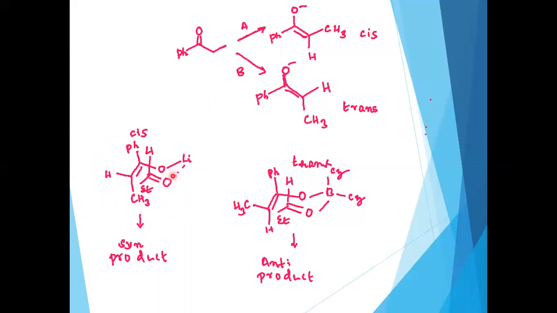When you start with a cis enolate, this is the cis enolate, and you could easily see that this oxygen and this methyl are on the same side, and this phenyl and this hydrogen are on the same side. So we have retained the cis enolate in the cyclic transition state, and this part is the aldehydic part.